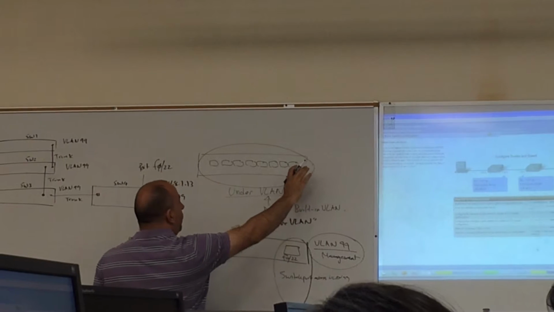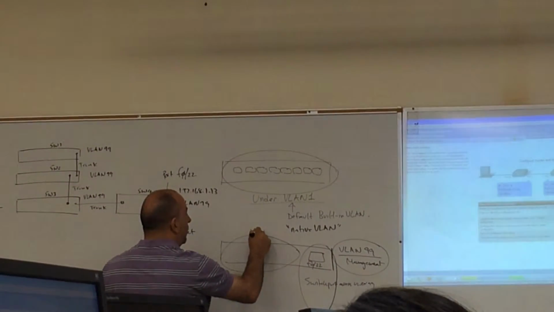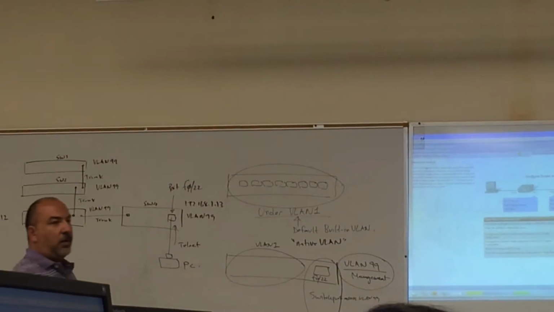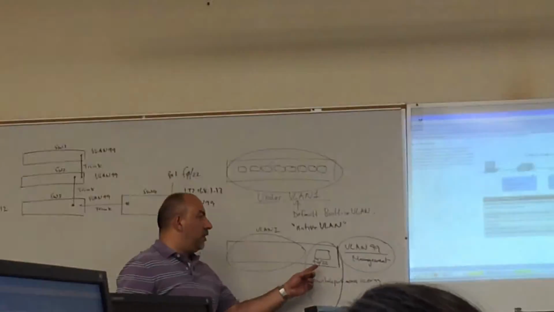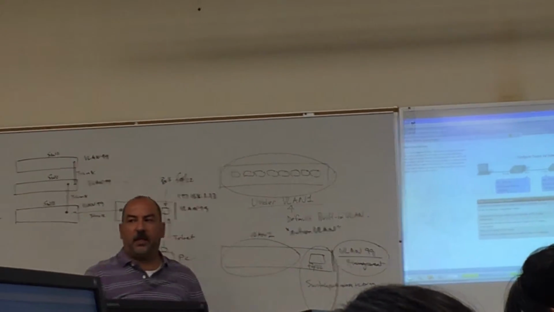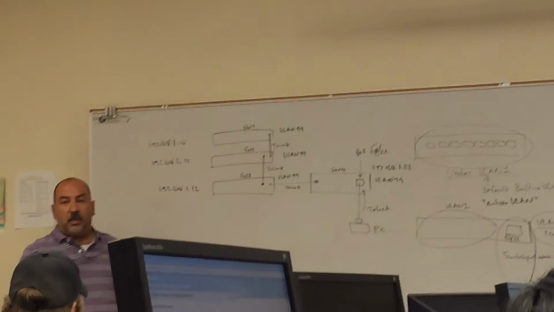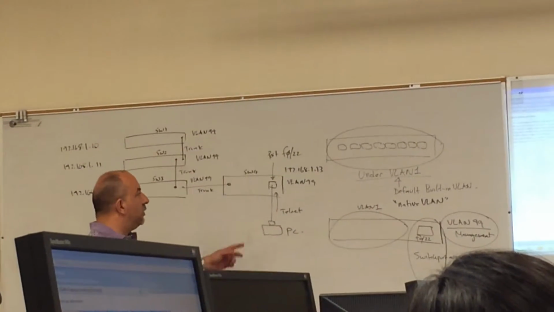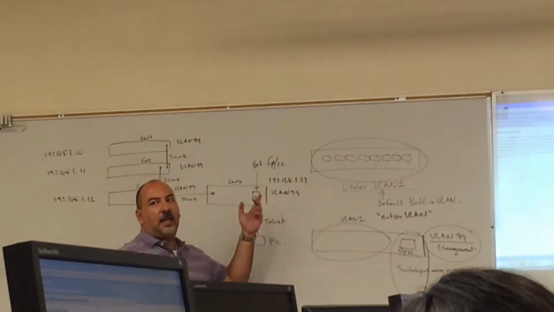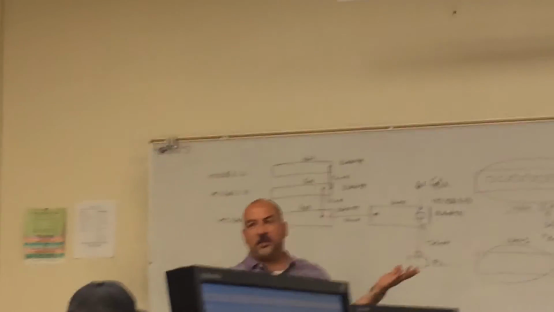It's going to go away from VLAN 1. Everything else is still on what? VLAN 1. All the other ports are still on VLAN 1. I just moved this port and I put it on VLAN 99. And that's it. And then the other thing you have to do is you treat this VLAN like an interface. Just like you have an interface, this VLAN becomes an interface.